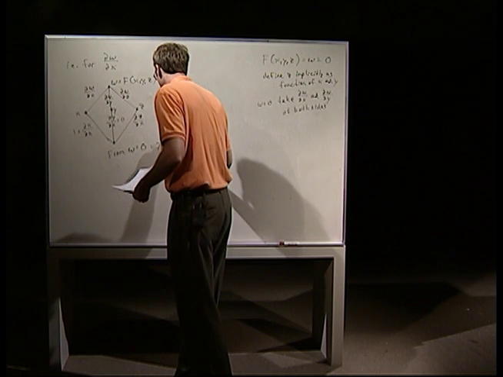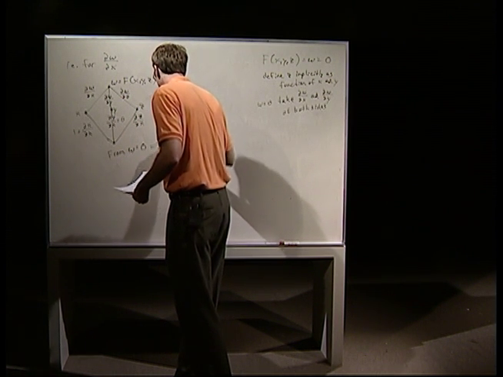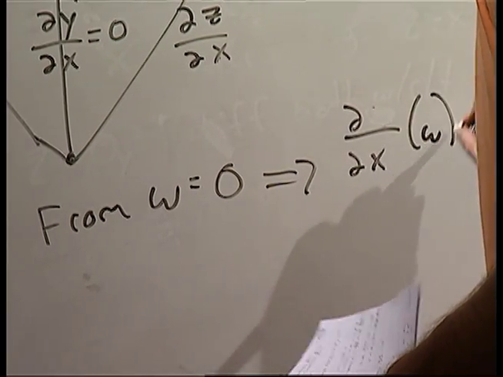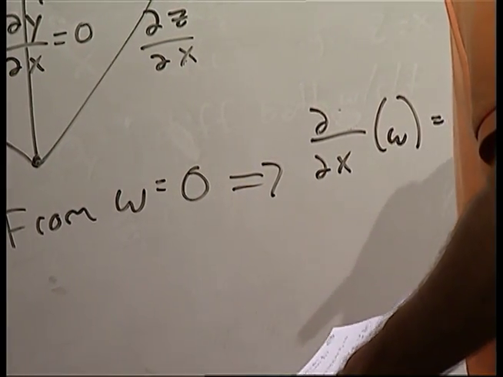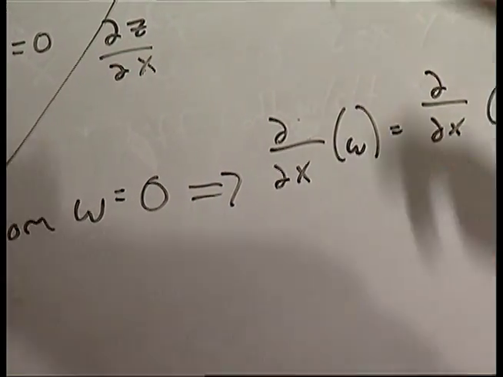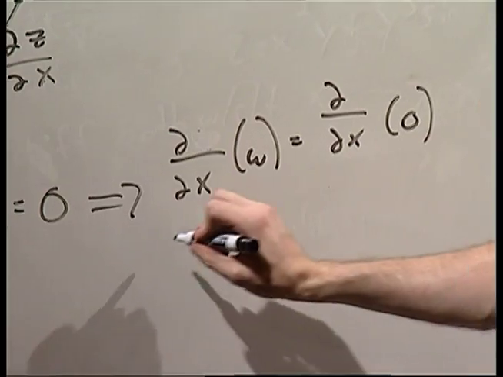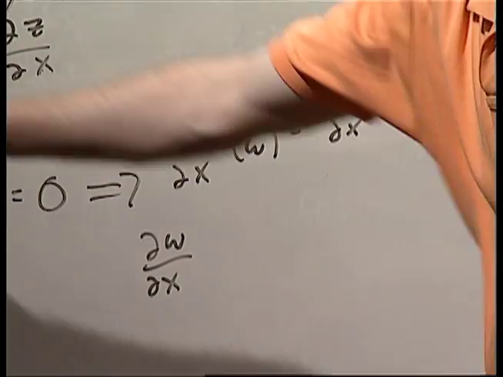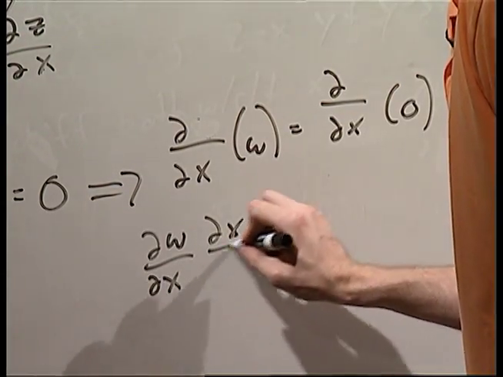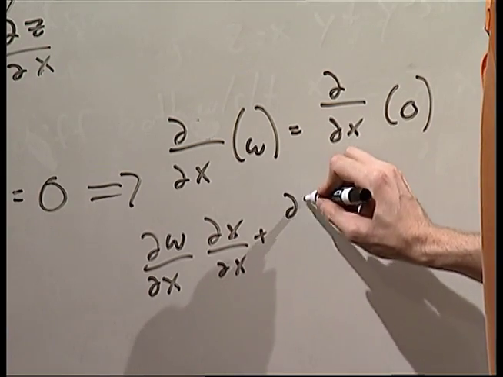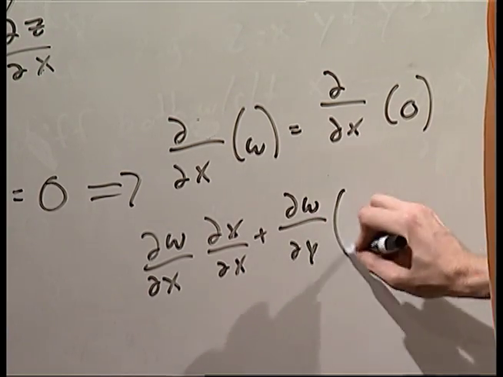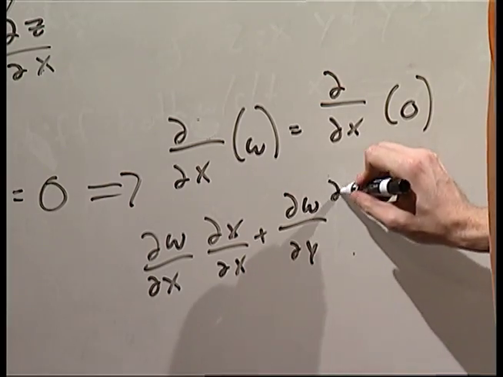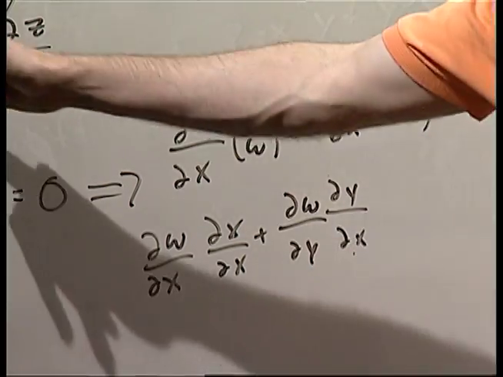So partial x of w equals partial x of 0. Over here, the chain rule guides us. So this is partial w, partial x times 1, right? So partial x, that's 1. Partial w, partial y times partial y, partial x, 0.